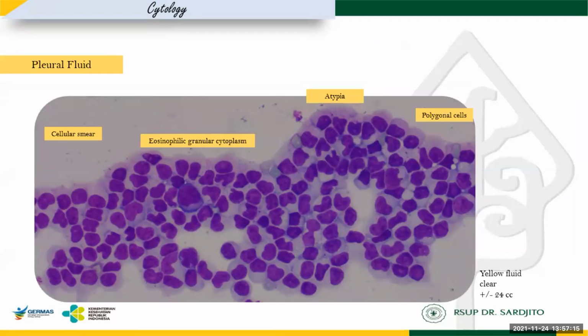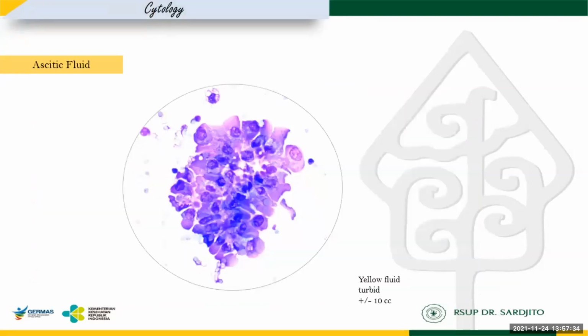And also in the cytology, we received yellow, clear fluid with lots of atypical cells, polygonal cells, and eosinophilic granular cytoplasm. We can conclude it as malignant cells. And also in the ascitic fluid, there were many atypical cells, so it has metastasized into the ascitic cavity, and it was diagnosed as malignant also.